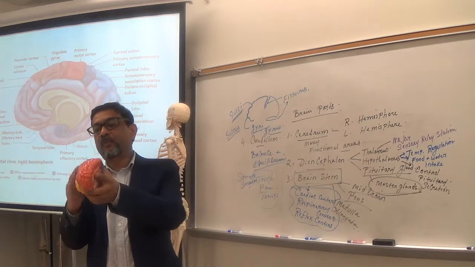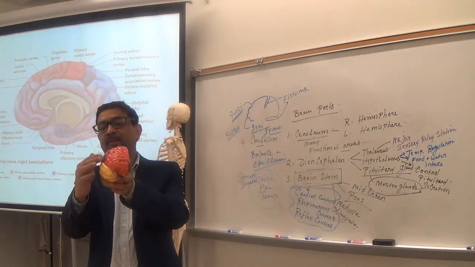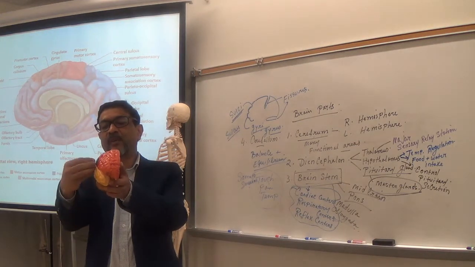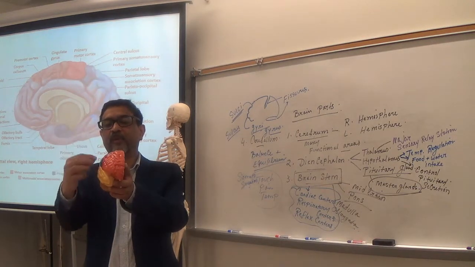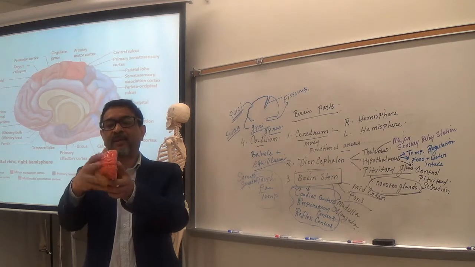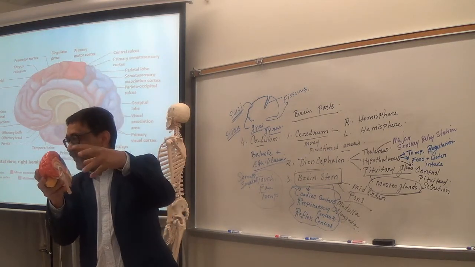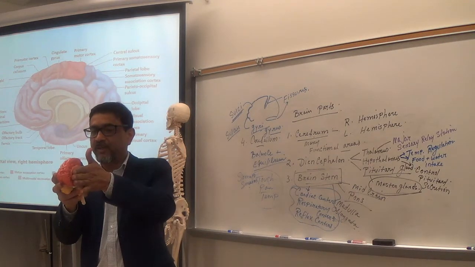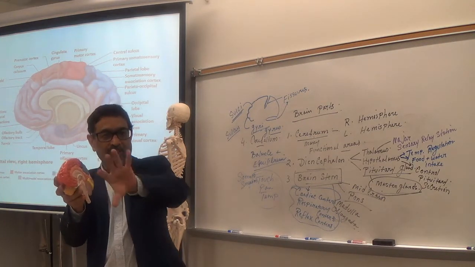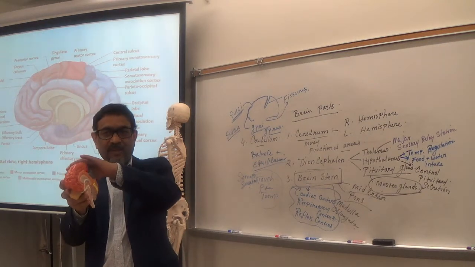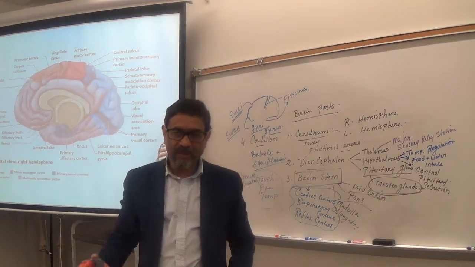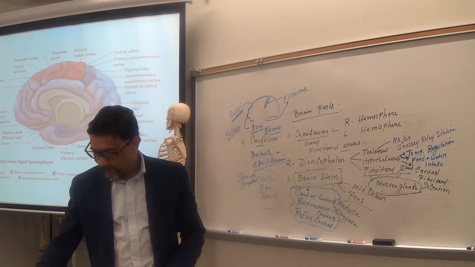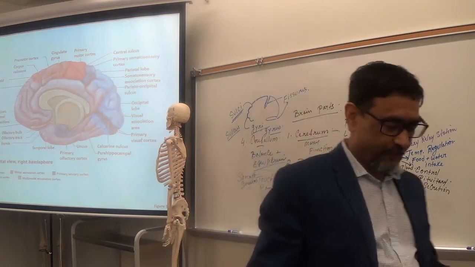Now, if this is the defective hemisphere, electricity is being produced from here and spreading through the corpus callosum to the other side too. So if you cut the corpus callosum, at least this side will not be affected. It will not spread to the other side. So just to control the severe form of epilepsy, we do callosectomy.